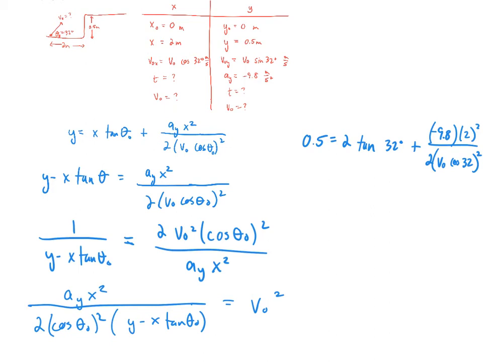And this is one of those few times that I'm not going to solve algebraically. Now sure, the algebraic solution is extremely powerful. I can see how velocity is affected by all of these parameters, right? If I look at this logically, this is why we did that density lab in the beginning of the year. I can see that the velocity initially is directly related to my acceleration. The velocity itself is indirectly related to my angle because it's in the denominator.